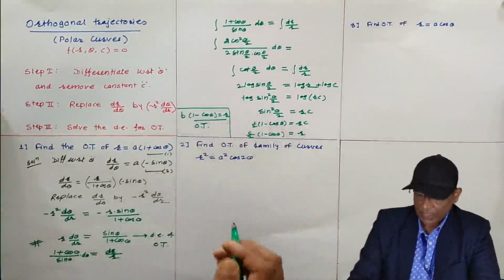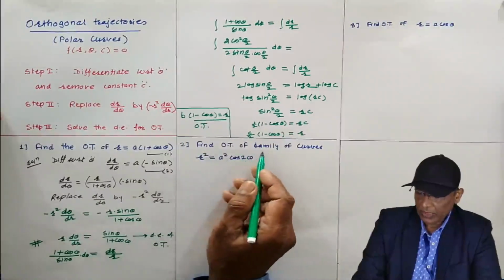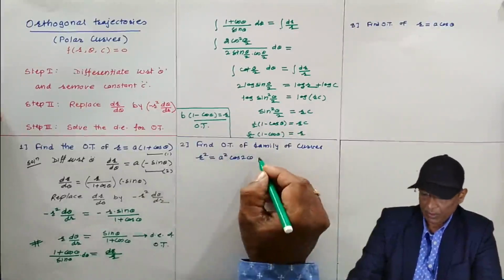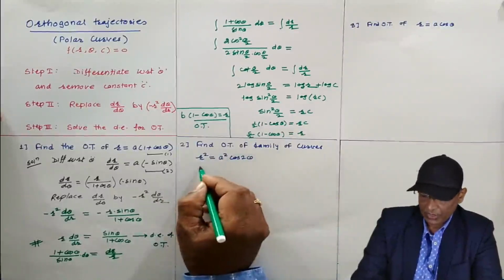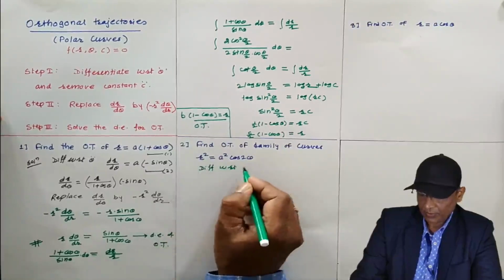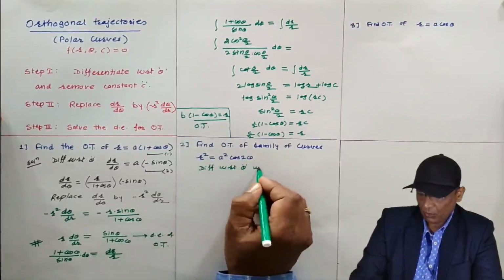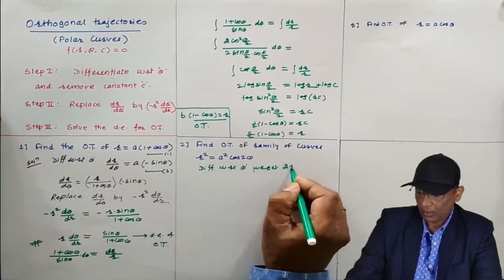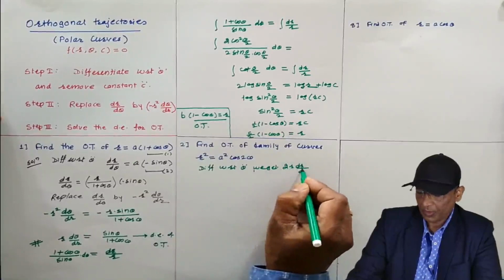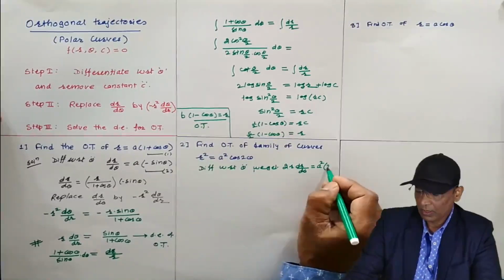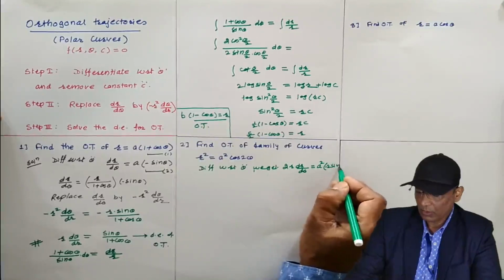Okay. Now the next problem. Find the orthogonal trajectory of this family of curves. Again, we have to do the same. Okay. Differentiate with respect to theta. What do we get then? We get 2r dr by d theta equals a square, which is a multiplicative constant, and the derivative of this is minus 2 sine 2 theta.